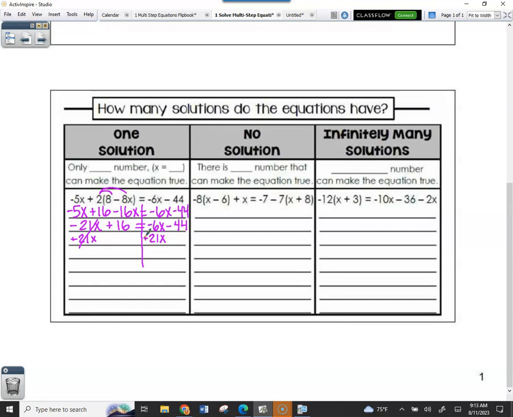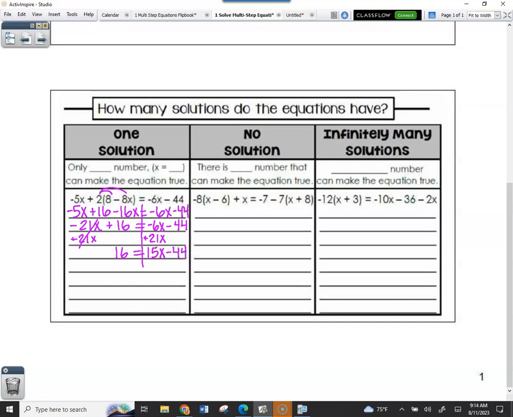Okay, so over here we have the 16 comes down, bring down the equal sign. Negative 6x plus 21x is what? 15x. And then this minus 44 has not been dealt with, so it comes down.